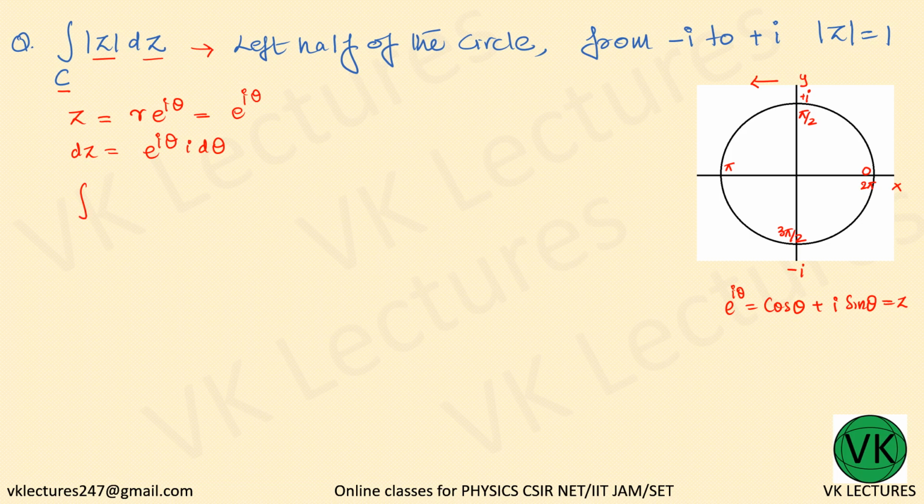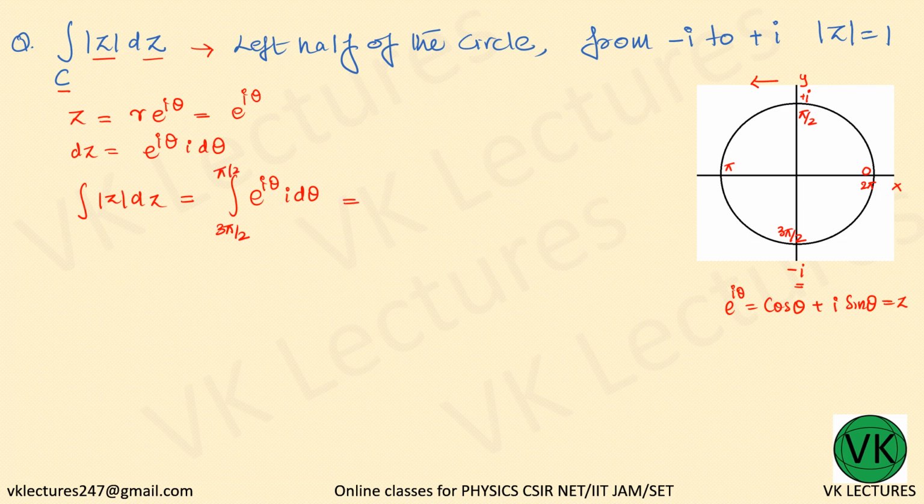So integral mod z dz, so mod z equal to 1, when dz will be equal to e to the power i theta i d theta. Now we want the limits of the integral. So it's given as minus i to plus i. So minus i means 3 pi by 2, plus i is pi by 2.